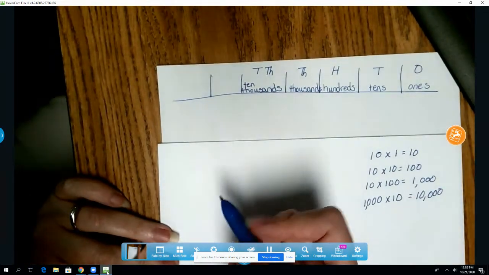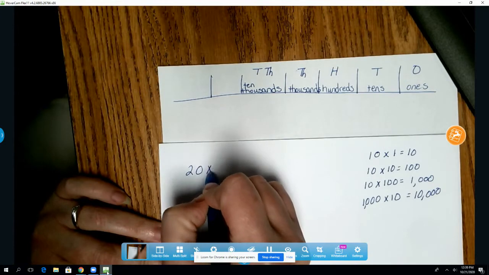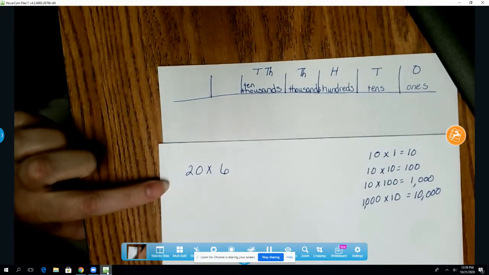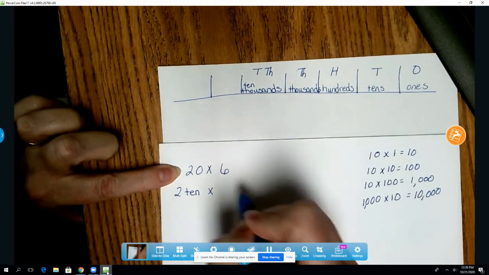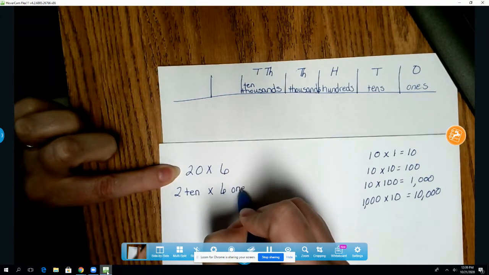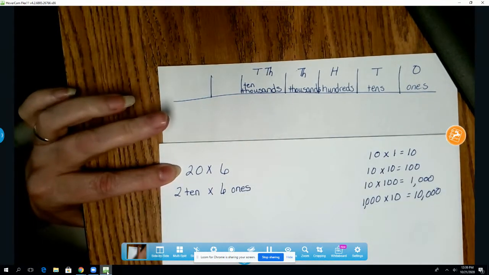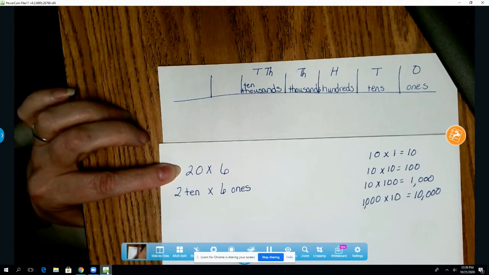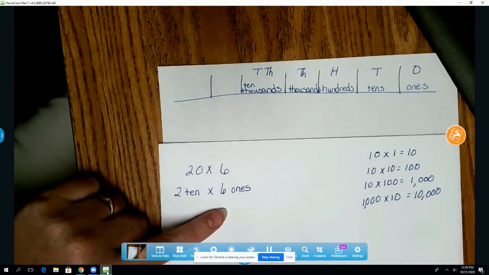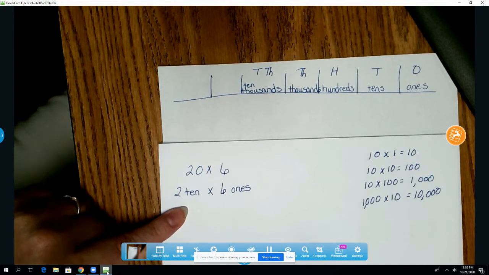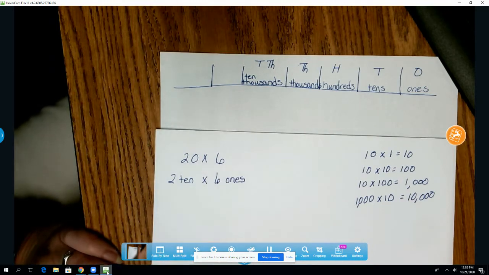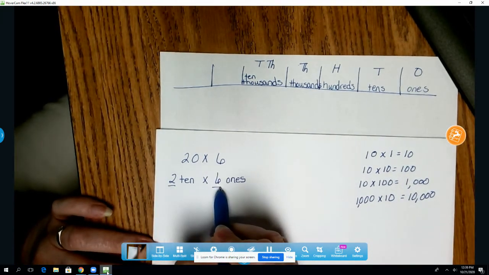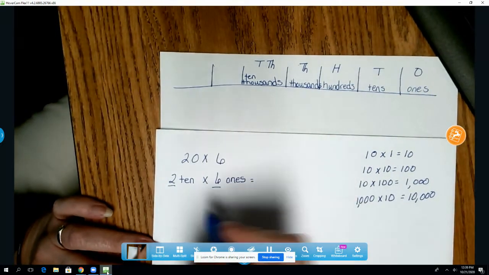Let's take a look at 20 times 6. So this is really 2 sets of 10 and 6 ones. Think back to about lesson 5 or so of Mission 1 when we were writing these out in expanded form. It's looking a little more familiar now, isn't it? So let's do my base facts. 2 times 6 is 12.